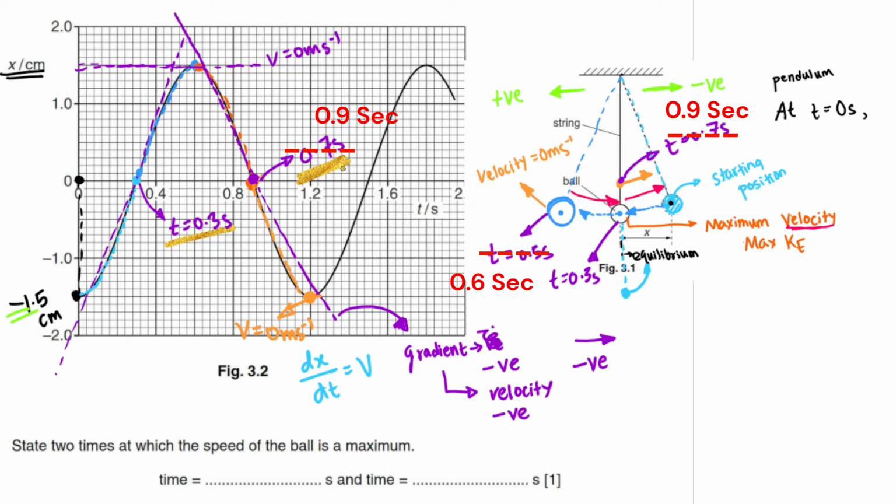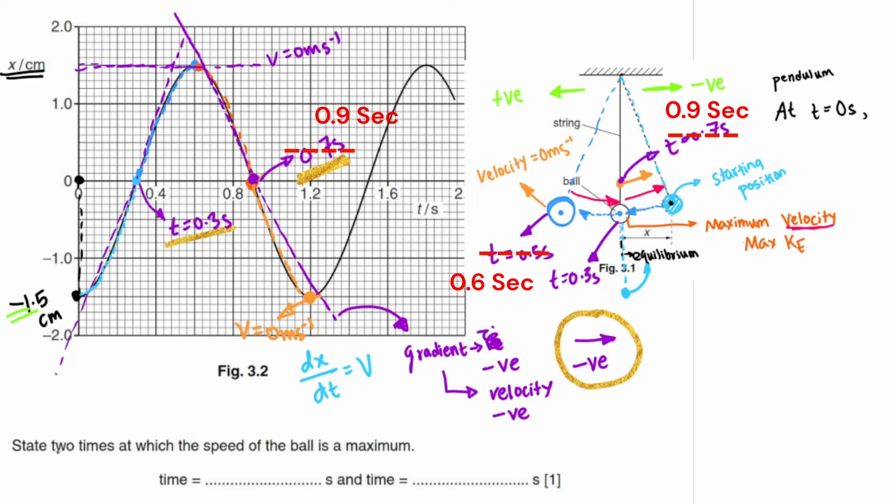However, this time the velocity is in the opposite direction, the negative direction, because the object is now moving towards the right, which is the negative direction. So now that we've understood how to read a graph and how to compare it with what is happening in the practical world, let's proceed with the question.